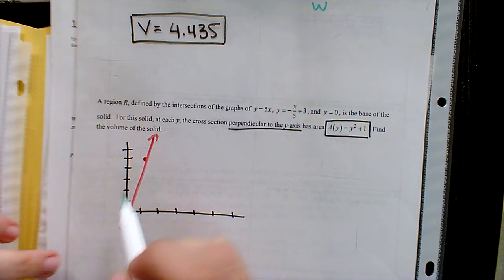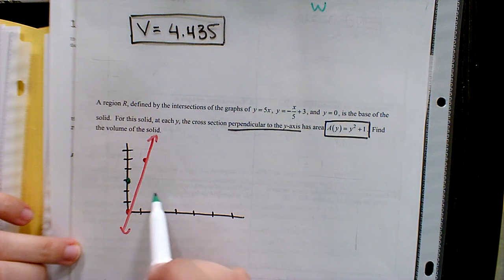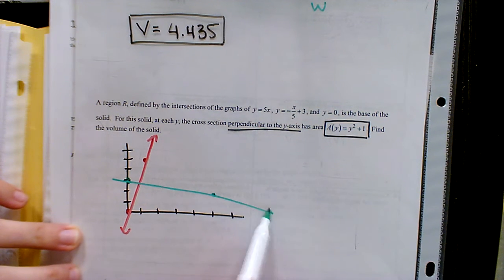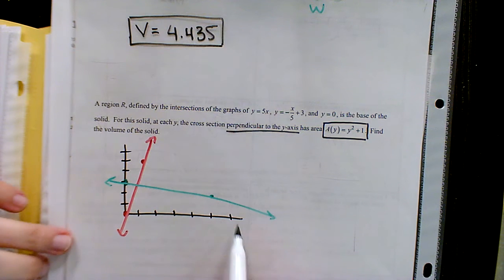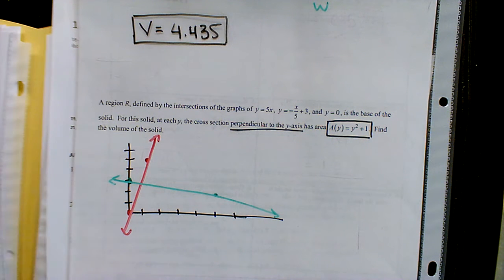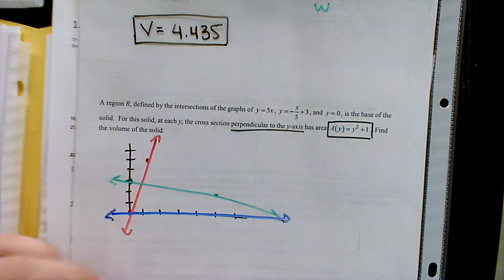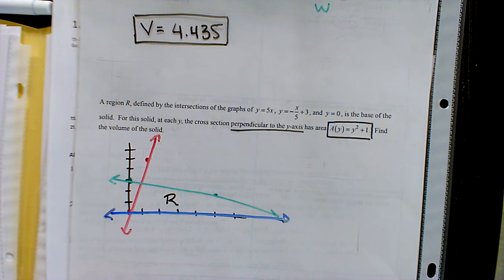We can graph the other line. All right, y equals 0 is the x-axis. So it looks like the region that all of those enclose is the bottom one towards the x-axis.